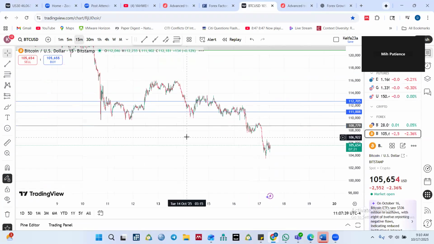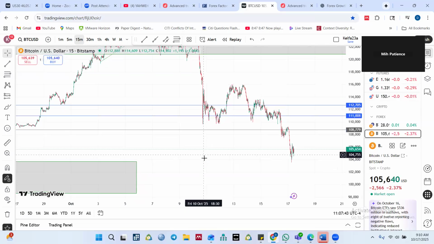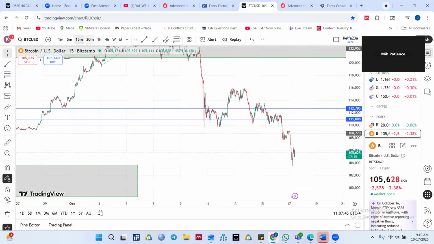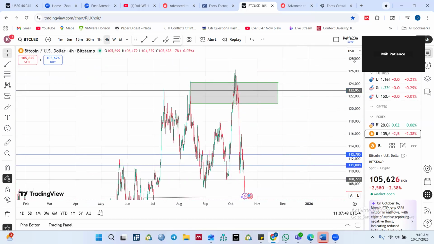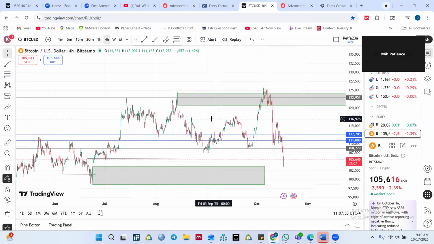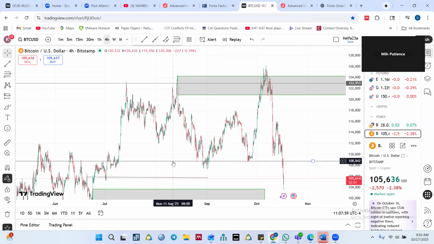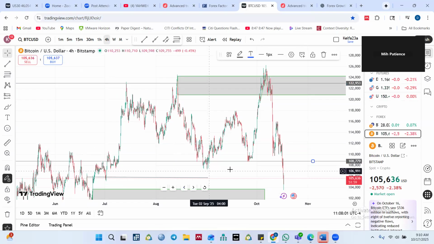So currently, if you can see, wow. Let me go to the 4-hour time frame. So see, look at BTC. Let me clear these lines. Let me leave only this.